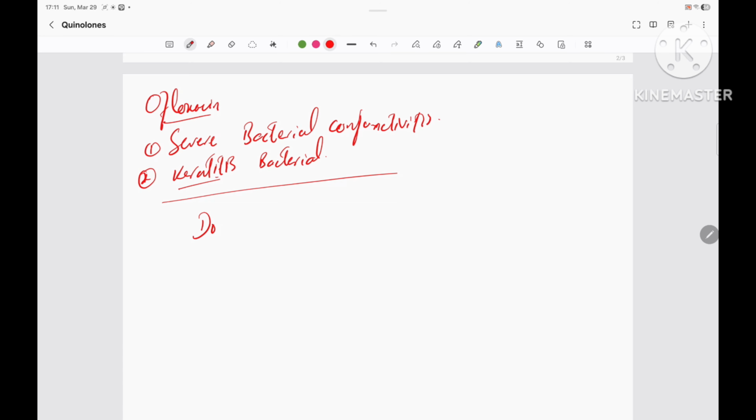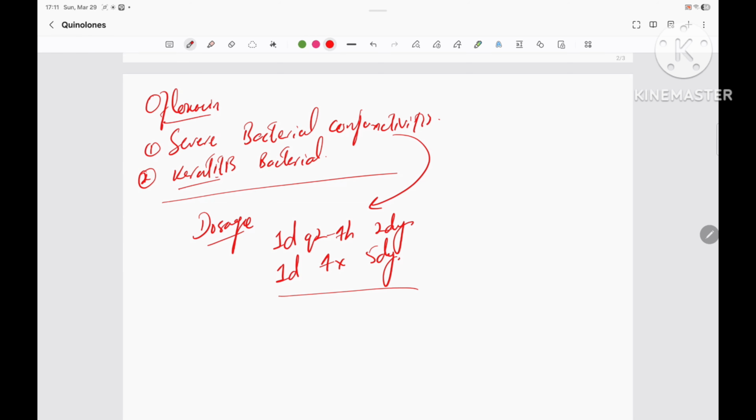What is the possible dosage of ofloxacin? For severe bacterial conjunctivitis, that is 1 drop every 2 to 4 hours for 2 days. And if you notice any improvement in the symptoms, then 1 drop 4 times a day for 5 days. This is the dosing for bacterial conjunctivitis.